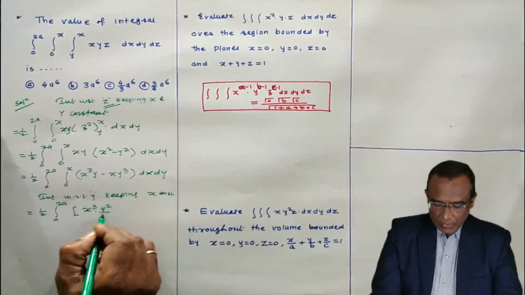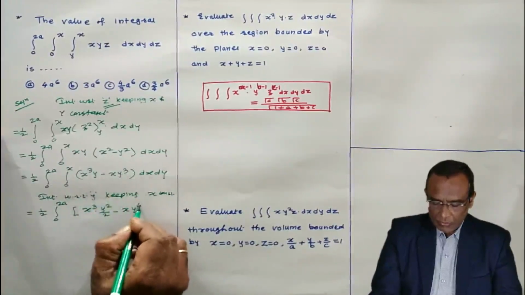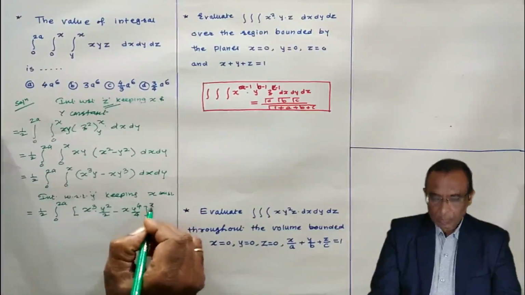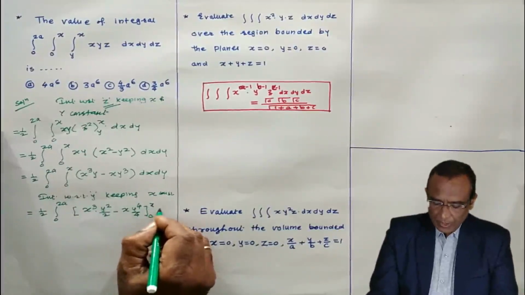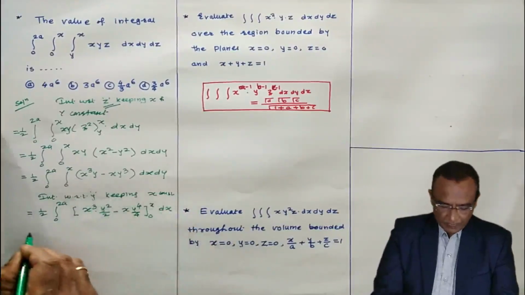Integration of y is y square by 2. Integration of y raised to power 3 is y raised to 4 by 4. Lower limit is 0 and upper limit is x. And we have integrated with respect to y. So only dx will remain.